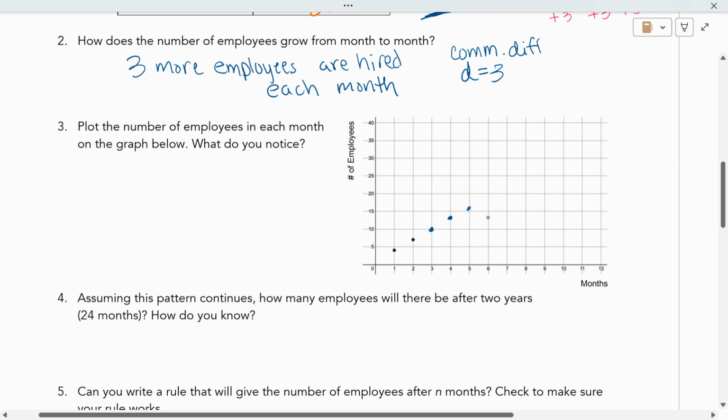In month 6, we had 19. In month 7, we had 22. In month 8, we had 25. In month 9, we had 28. In month 10, we had 31. And in month 11, we had 34.